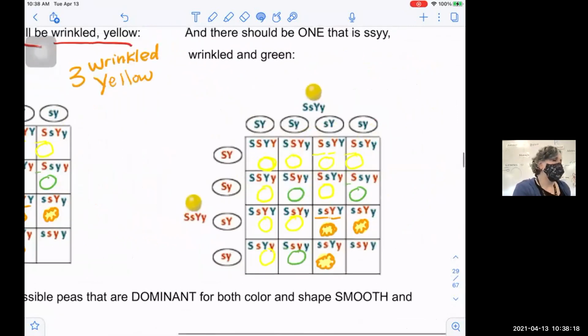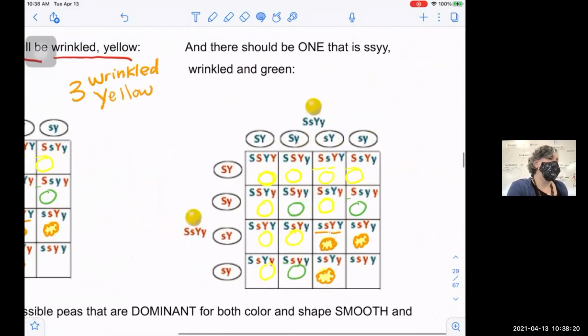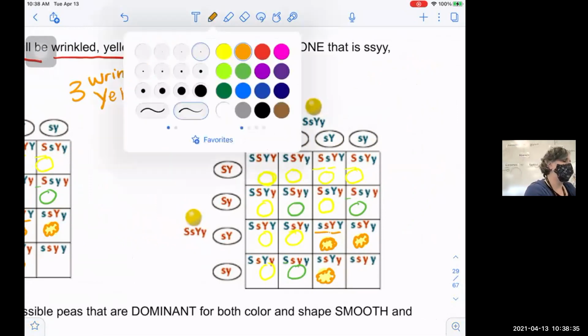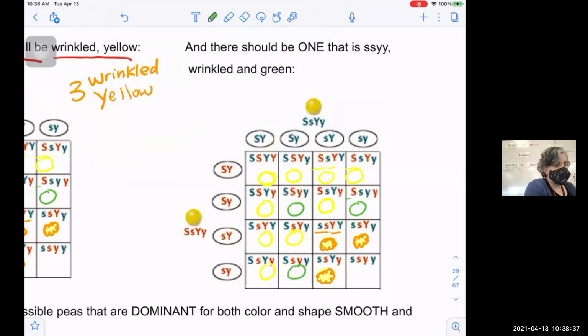For this last one, I want you to find the one that is recessive for both traits. It's wrinkled and green. If you lassoed your peas like I did, you should see that there's one box left. That's little s, little s, little y, little y. So this one down here in the corner would be wrinkled and green.